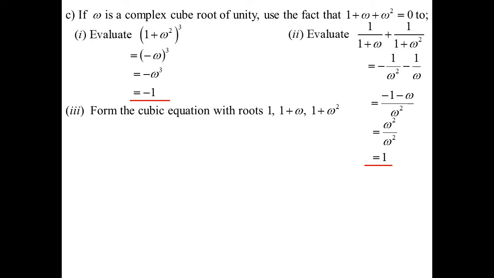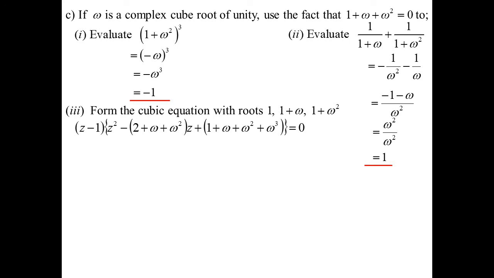So which cubic equation would have the roots 1, 1 plus omega, and 1 plus omega squared? We know 1's a solution, so I know there's a factor z minus 1. So I've just pulled that out. That gives me a quadratic inside. So inside the quadratic, the roots are 1 plus omega and 1 plus omega squared, we know, z squared minus the sum of the roots times z plus the product. So the sum of the roots is 2 plus omega plus omega squared.